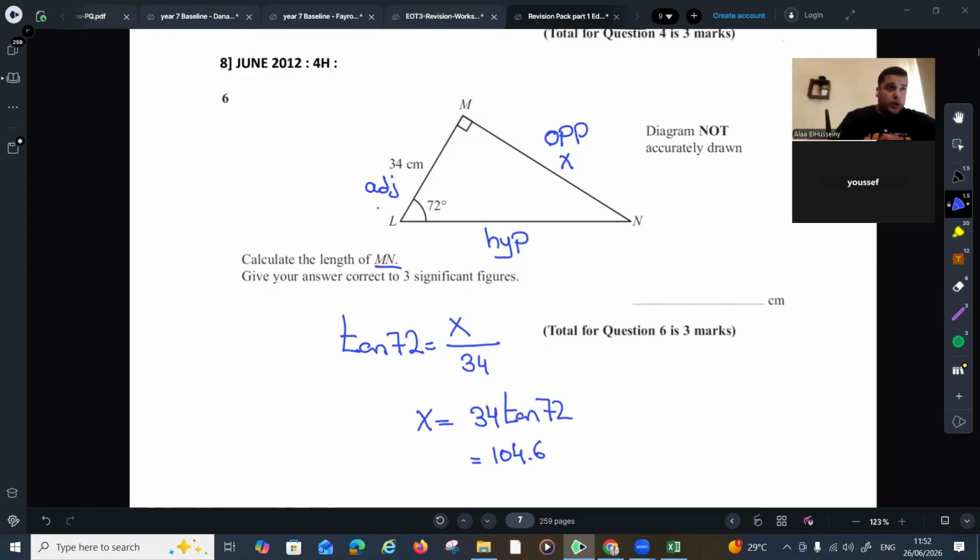Now I want only 3 significant figures, so we write only 105. Easy. Okay.